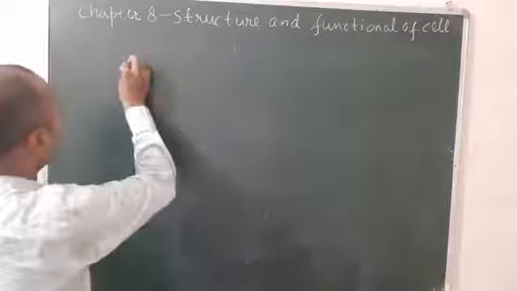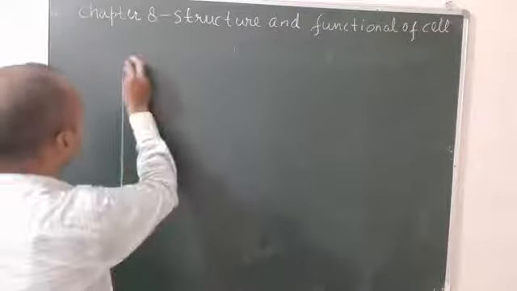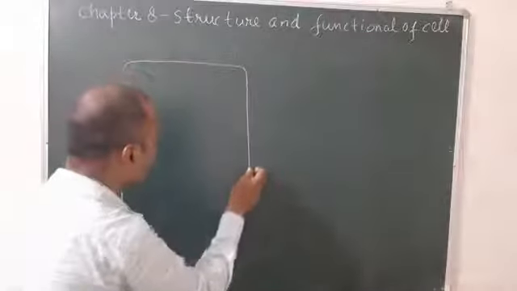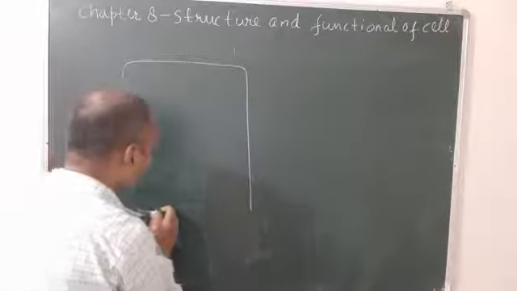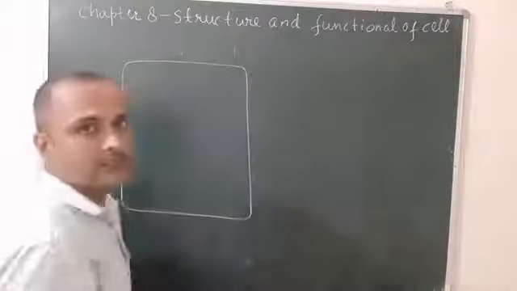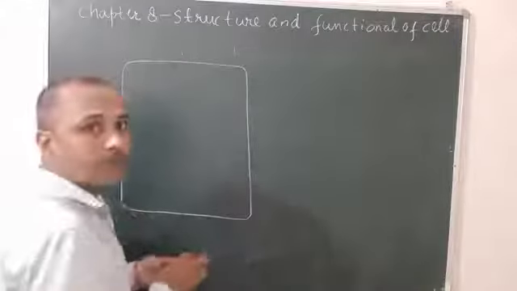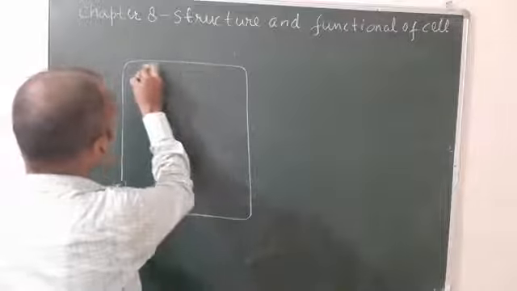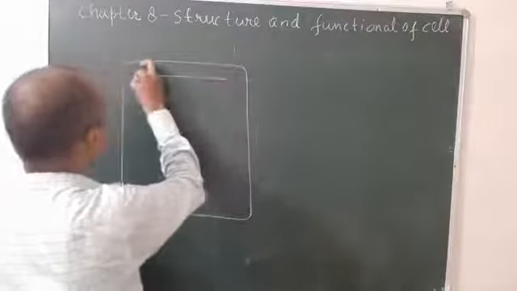So suppose that this is the plant cell, and you know that when you draw a plant cell, it is surrounded by two boundaries. The outermost boundary of the plant cell is known as the cell wall, and inside it there is a thin cell membrane.